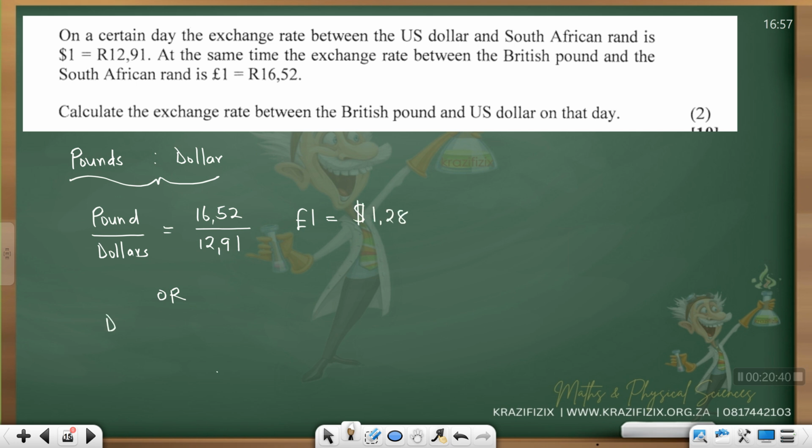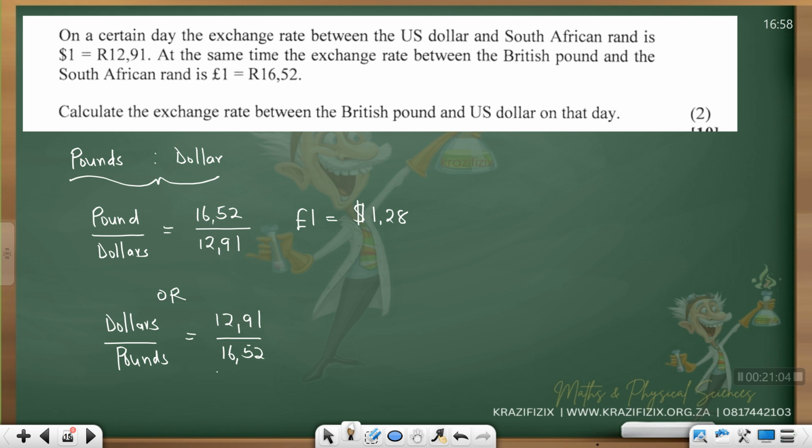or somebody else can say, okay, what about dollars over pounds? Because it's the same value, same ratio. 12,91 over 16,52. What will that give you? That should give you 0 point something.